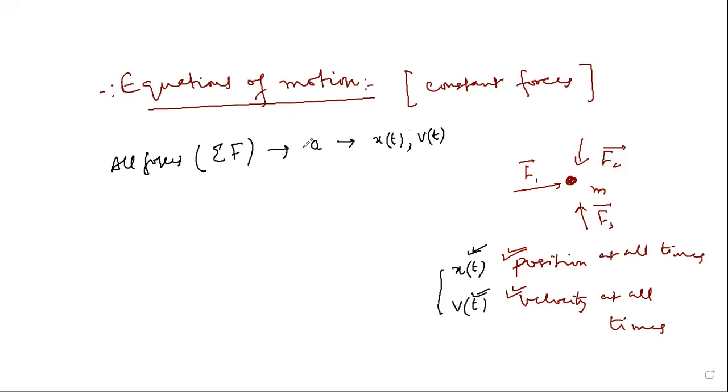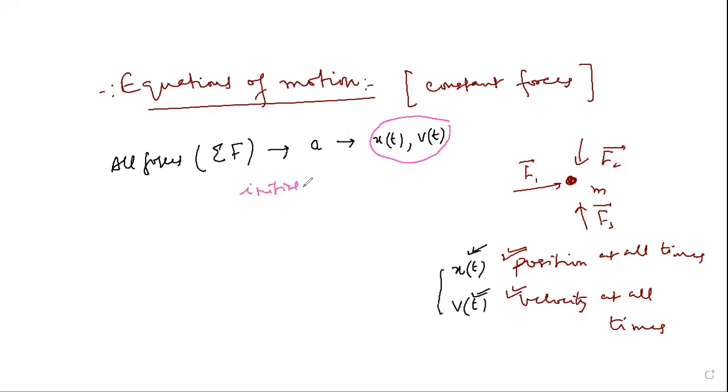Now, acceleration we obtain from all the forces acting on the body using Newton's laws, as we have done in certain applications of Newton's laws of motion. Once we know the acceleration of the body, the next step is the mathematical one of finding the position and velocity at all times. That is, the next step is to find these two functions from acceleration and initial position and initial velocity.